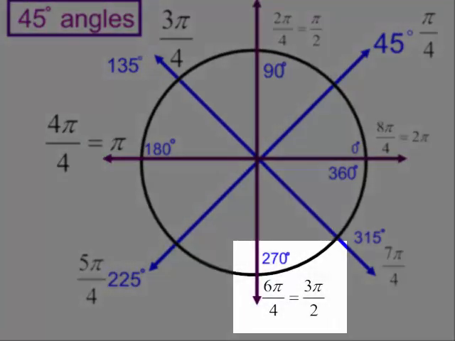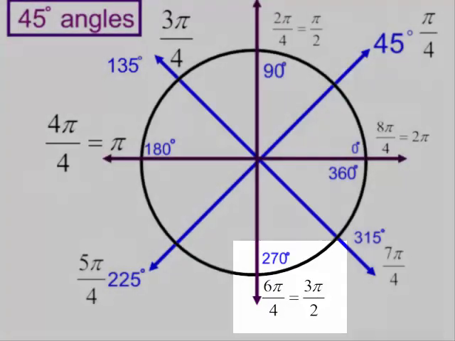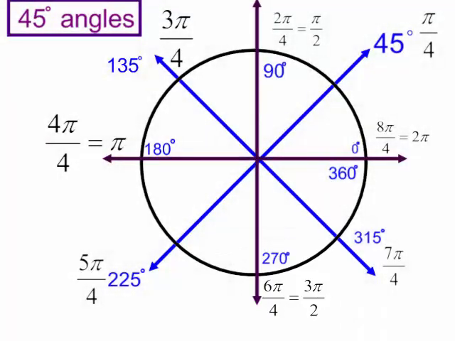And at 270 degrees, 6 pi over 4 does reduce to 3 pi over 2. So these are the degrees and the radians of my angles that increase by 45 degrees.